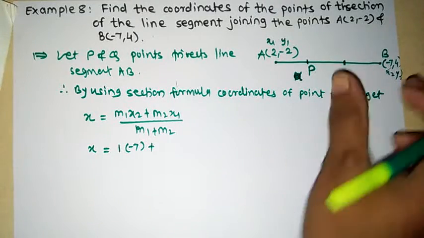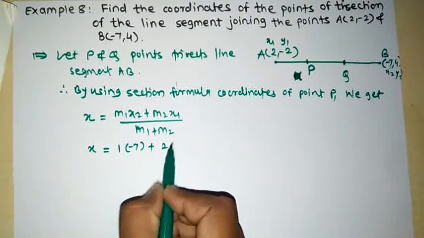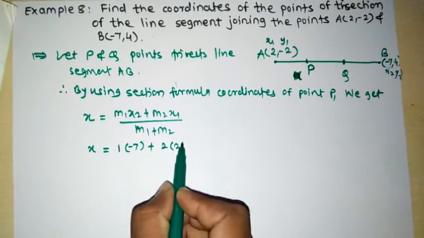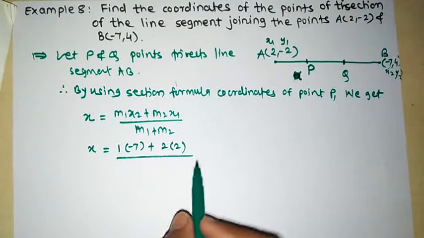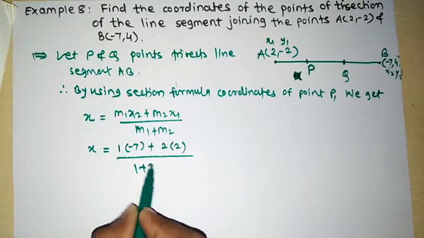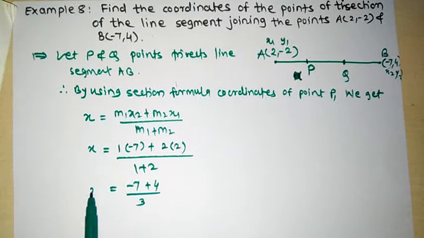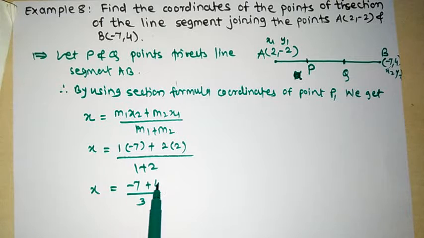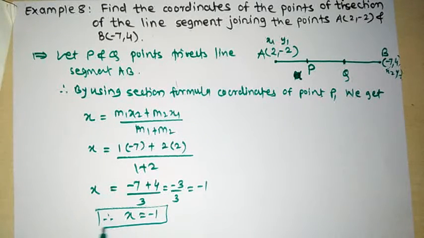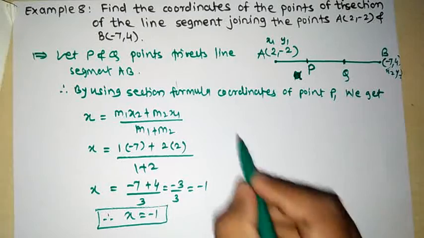What is m2? m2 is two parts, that is 2. x1 is 2 here, divided by m1 plus m2, 1 plus 2, which is equal to (-7 plus 4) divided by 3. We got x is equal to -7 plus 4, how much? -3. -3 divided by 3, which is equal to -1. Therefore, x is equal to -1. We got x coordinate of the point P is equal to -1.